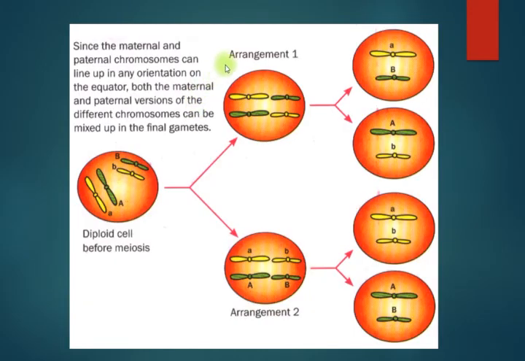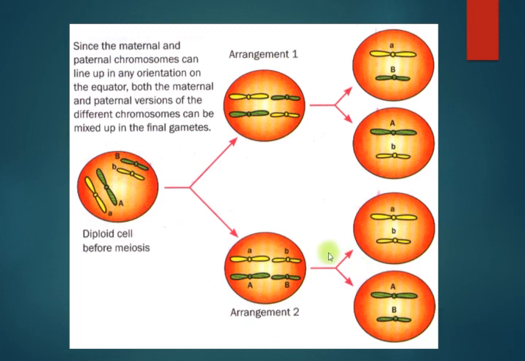This diagram shows the formation of the gametes in meiosis. This is referred to as metaphase 1. So what can we see from the diagram here? Each allele from a pair of alleles can combine randomly with any allele from another pair of alleles.